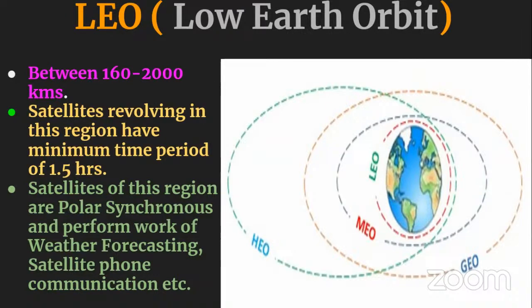So what are they going to do basically? They are used for weather forecasting, satellite phone communication, oceanography, and for defense purposes. Say, for example, if one country wants to snoop on another country. Say there is a war between, say, India and Pakistan.